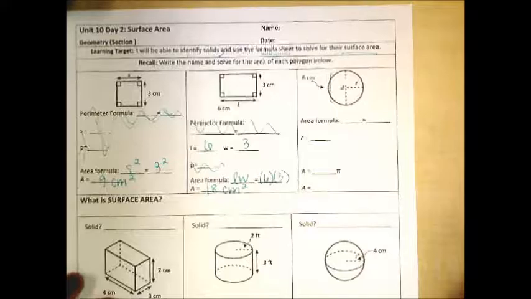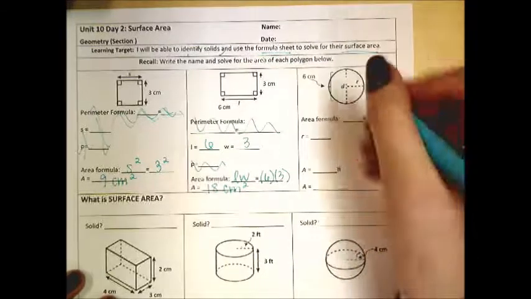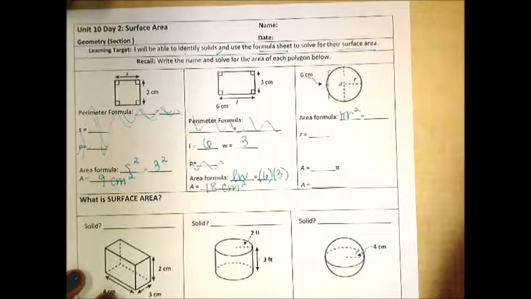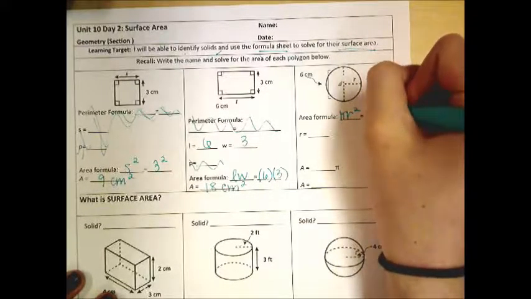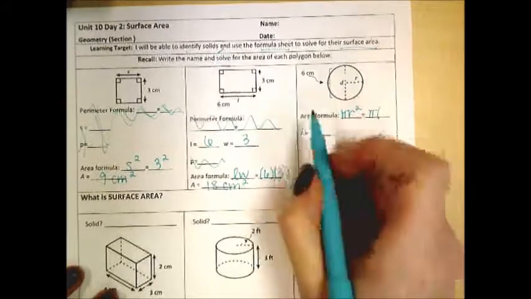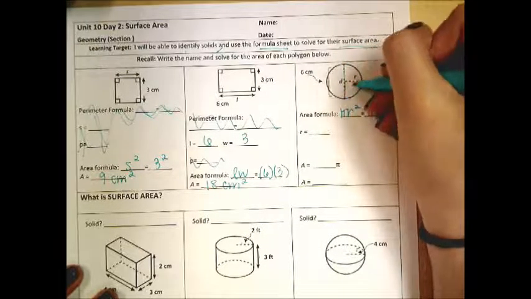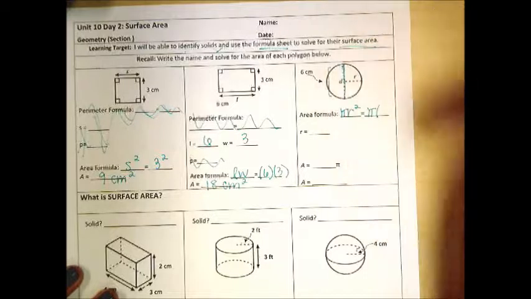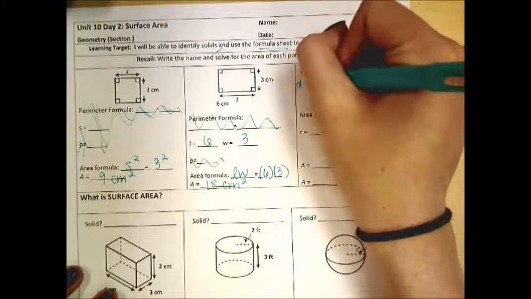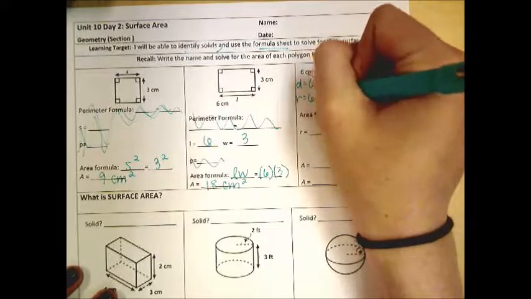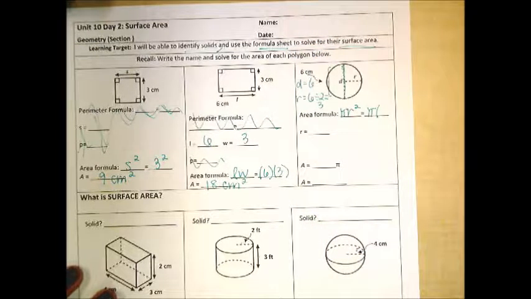Alright, and then last but not least, we've got our circle here. So our area formula is pi r squared. We remember this one, hopefully, from our circles unit. Pi times our radius squared, but I see 6 is this whole length, and I want just half of it. So 6 is actually my diameter here, which means the radius is 6 divided by 2, which is 3.